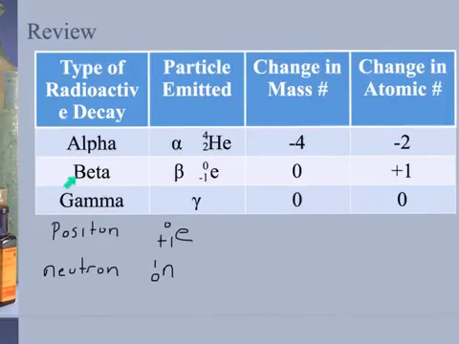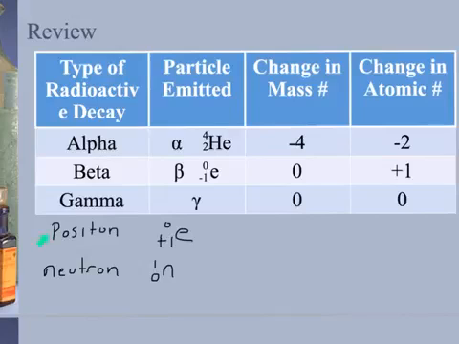A beta particle can be written with beta, or is more commonly written as the electron with 0 mass and a -1 charge. Gamma particles are pure energy, and so they are written with just a symbol. There will be no change in atomic mass or number.